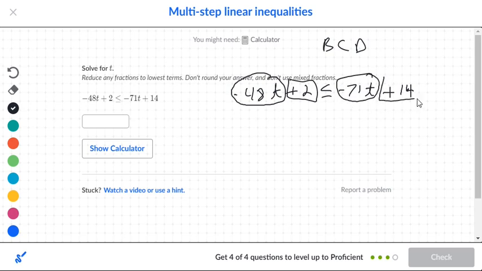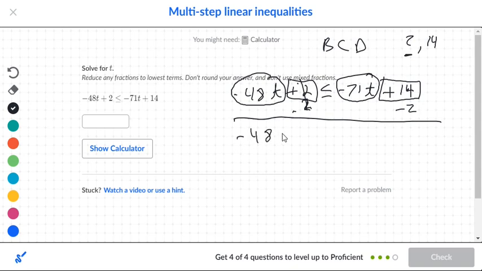Circle our letters, box our numbers. Okay, so now we got 2 and 14. You realize 2 is the smallest, so we're going to subtract 2. So every box will get a minus 2. So we'll cross this out. We have a negative 48t, inequality sign, negative 71t plus 12.